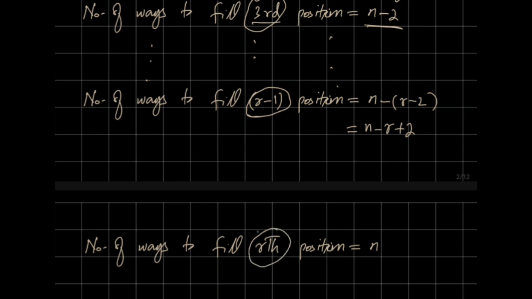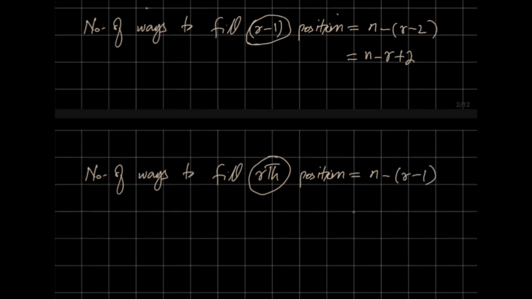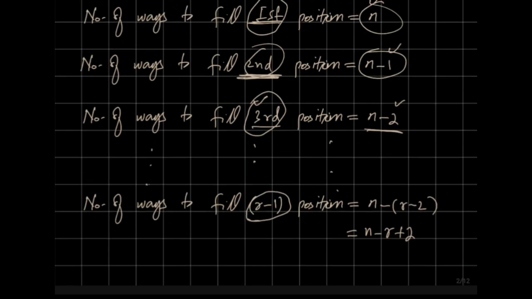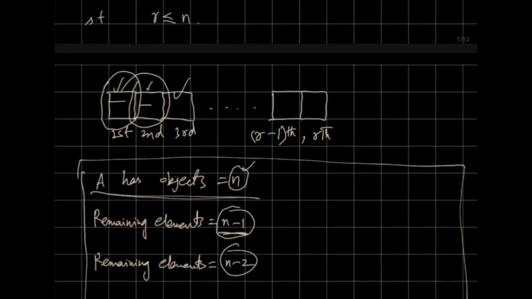What is 1 less than r? That is r minus 1. So we have to subtract r minus 1 from n, which is n minus r plus 1. So we have filled all these positions.